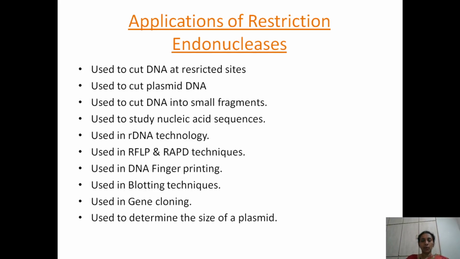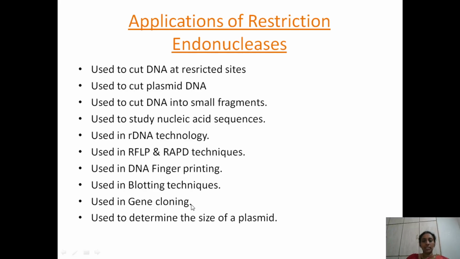That is possible only with the help of restriction enzymes, because the first step in this technique also needs DNA cleavage, which is possible only through restriction enzymes. Next, used in blotting techniques. These blotting techniques are studied in the second unit. Southern blotting, northern blotting, western blotting, all these you will be studying there in detail.